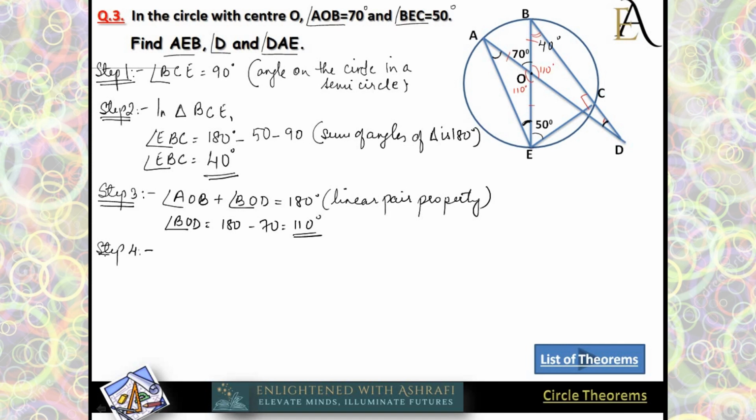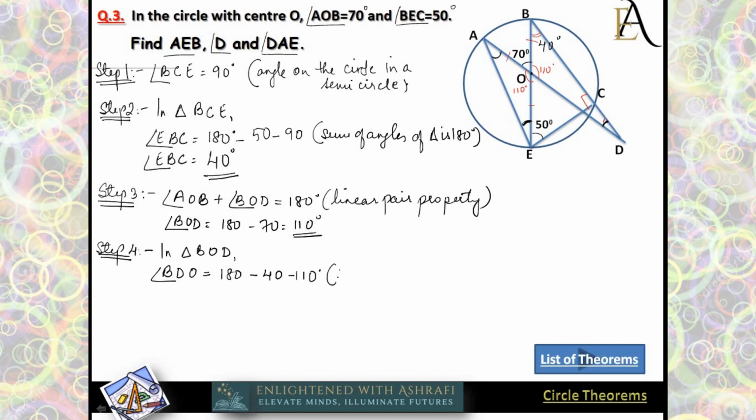Step 4, in triangle BOD, angle BDO is equal to 180 minus 40 minus 110.